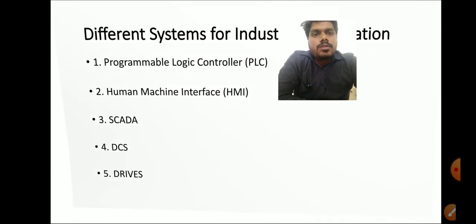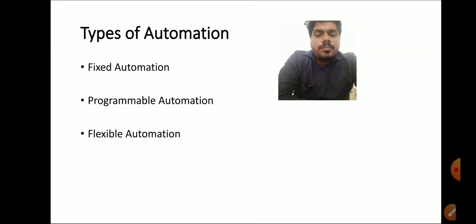Fixed automation is a process using dedicated equipment to perform fixed and repetitive operations in order to produce a high volume of similar products. It means if I want to produce the same product in a very large quantity, then with dedicated equipment I will use the fixed automation technique.